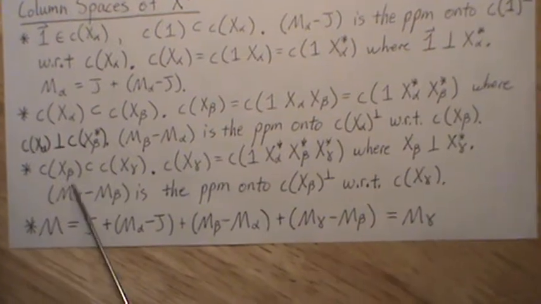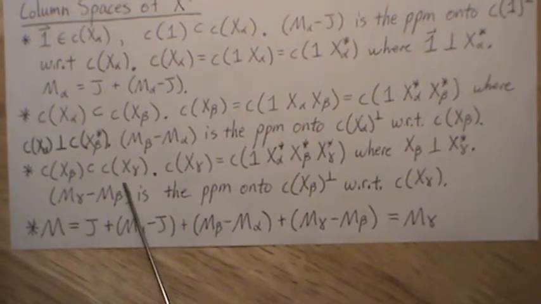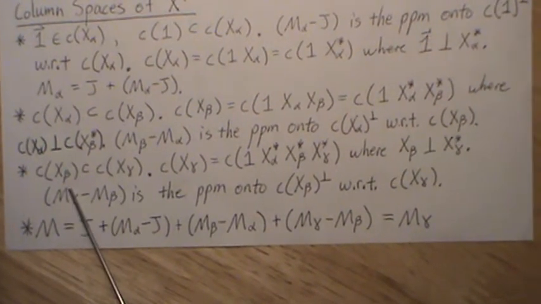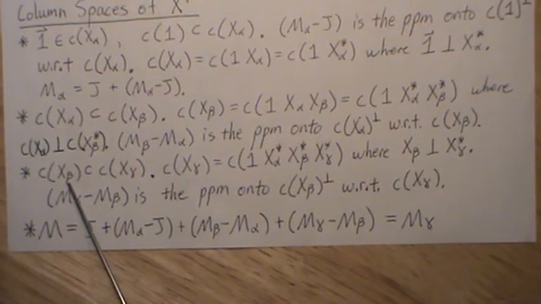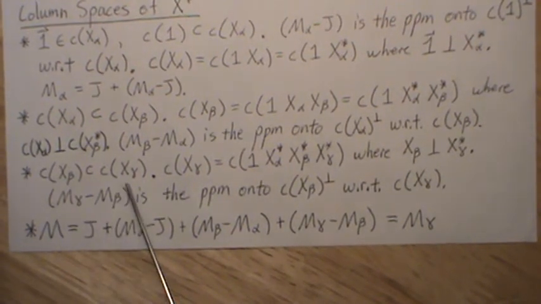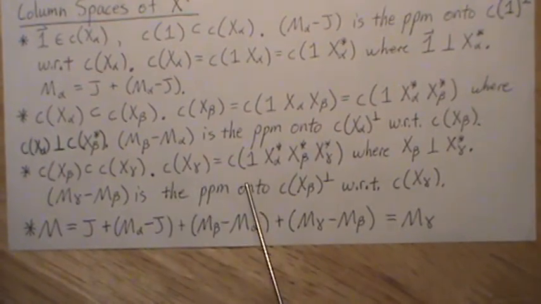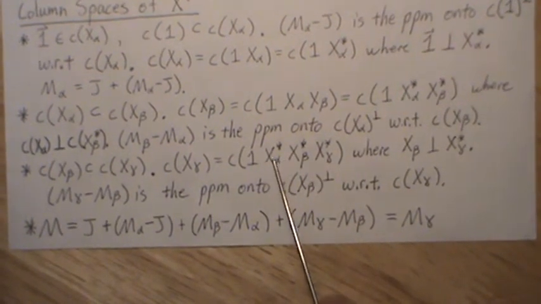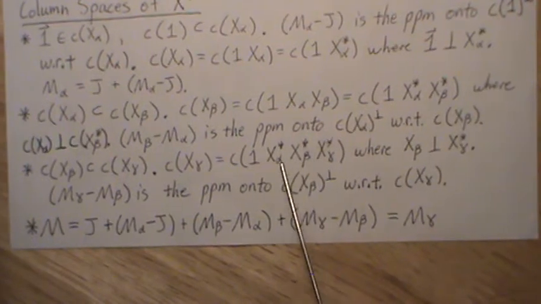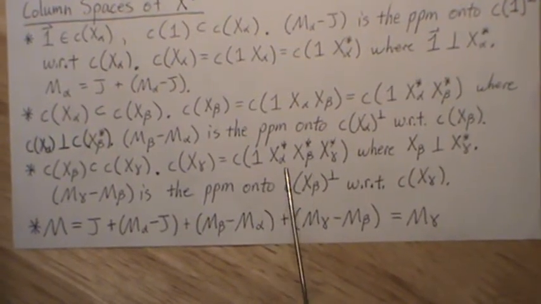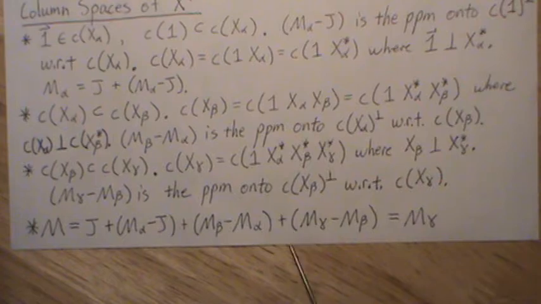And then we can do something very similar for the X gamma column space. So the column space of X beta is a subset of the column space of X gamma, but column space of X gamma can be thought of like this, where you create little columns, and they're all orthogonal to each other.